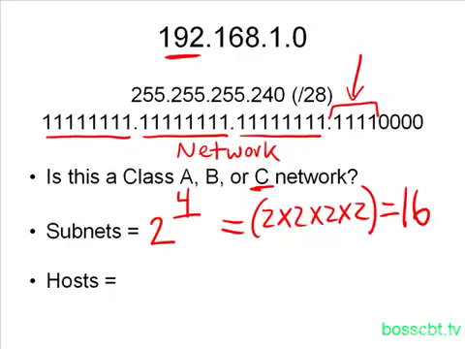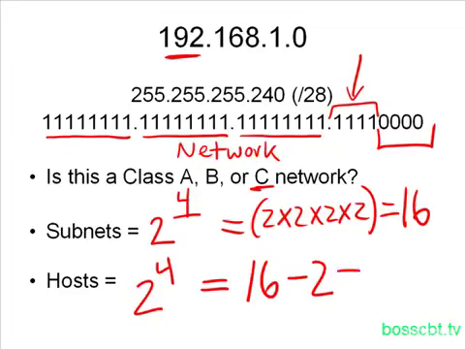If we move on and now look at the hosts, our formula here is 2 to the power of the number of host bits. Well, we stole 4 host bits to make this subnet mask, so we only have 4 left. We plug that in our formula here, and in fact it's the same as the subnets. We're going to get the same answer. 2 to the power of 4 equals 16 minus 2 equals 14.